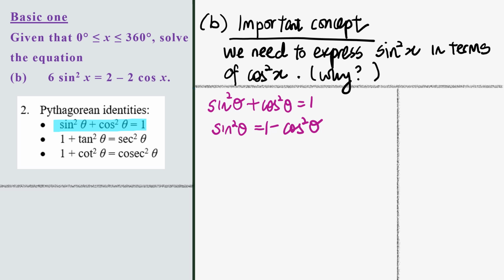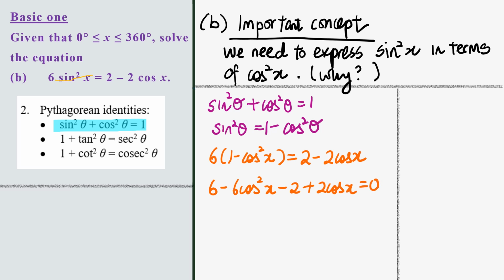And I can substitute my sine squared x with 1 minus cos squared x. Then I'll end up getting a quadratic equation involving cosine, which is something similar to what we have done in part A.